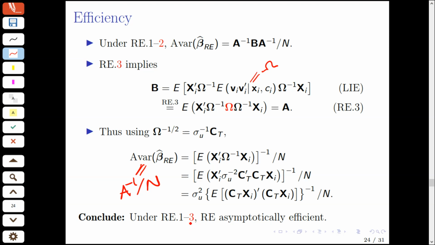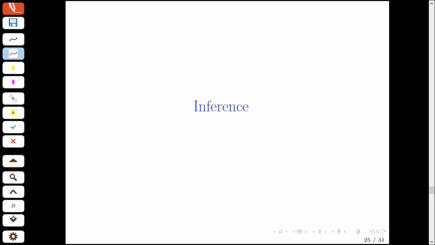Having established asymptotic normality of the random effects estimator under various conditions, we may proceed to construct consistent estimators of its asymptotic variance. That would also allow us to conduct inference, say using a Wald test.